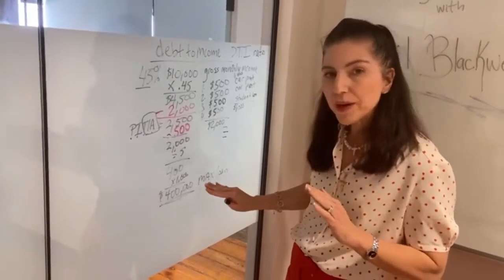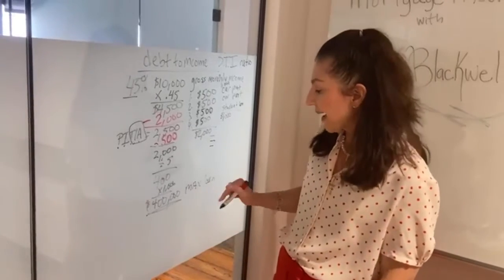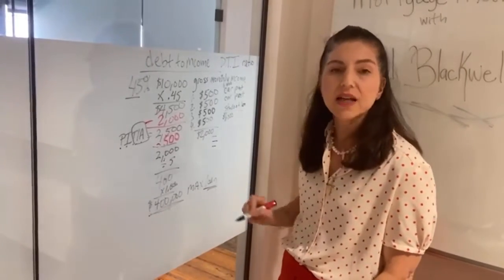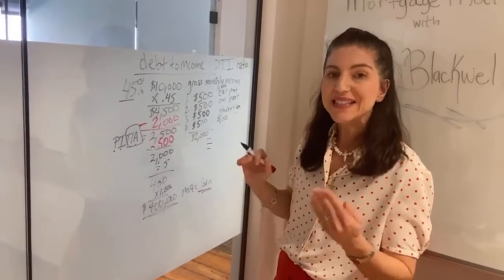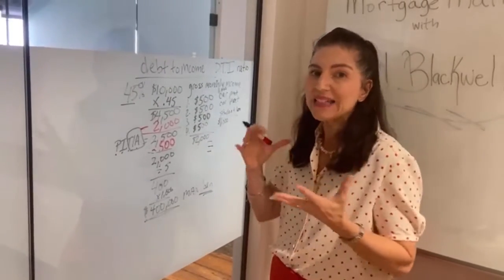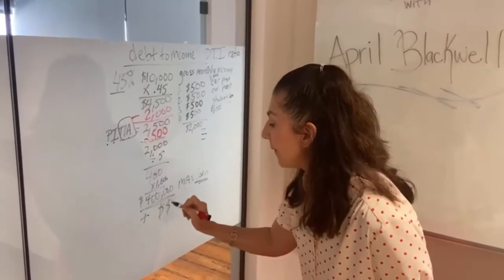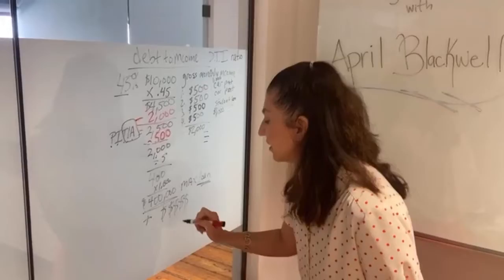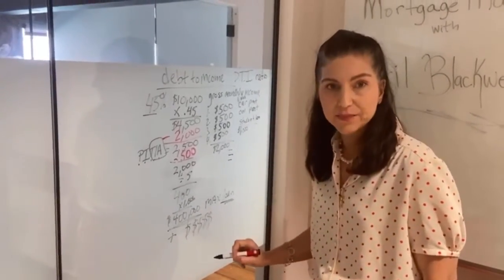Now, loan amount is not sales price. This is the max loan someone could borrow given this scenario. Their sales price, the max that they can afford, is going to be determined by how much cash and resources they have to go into that.